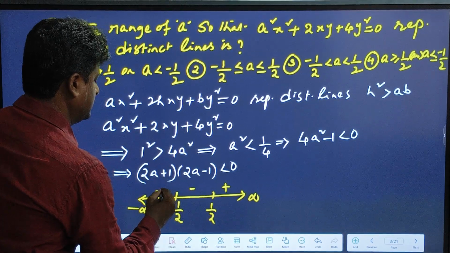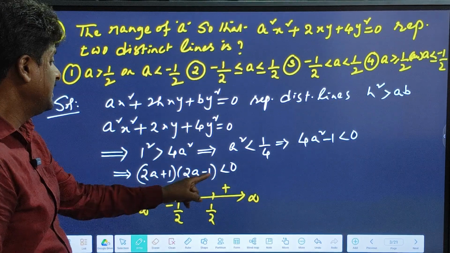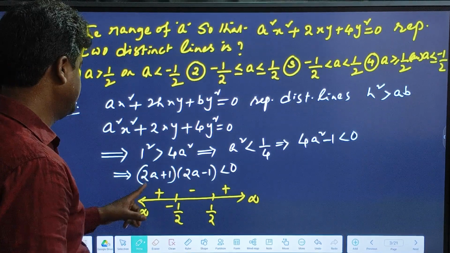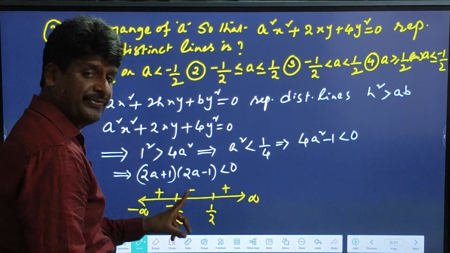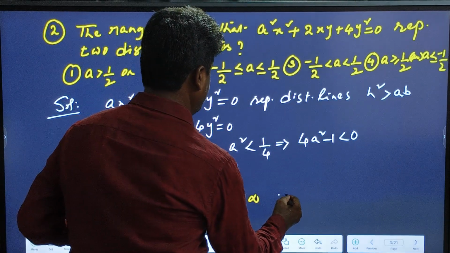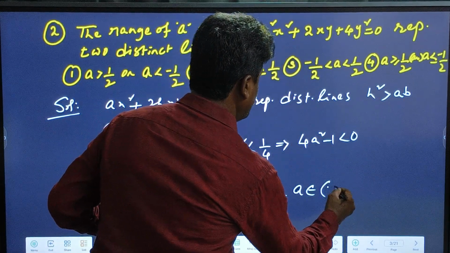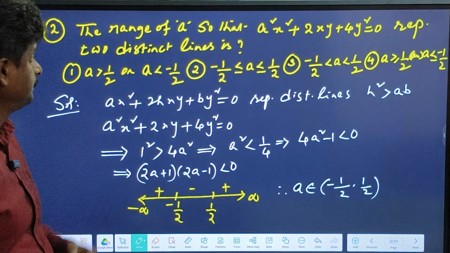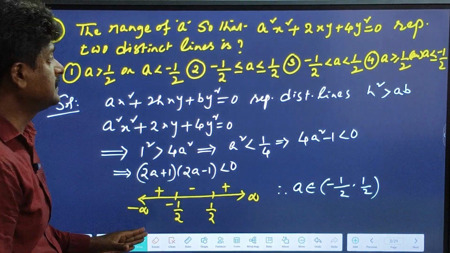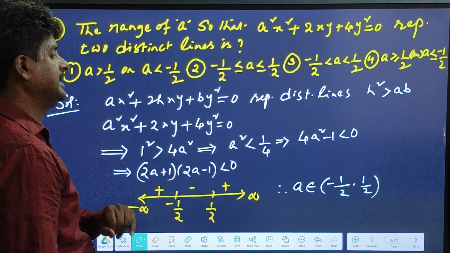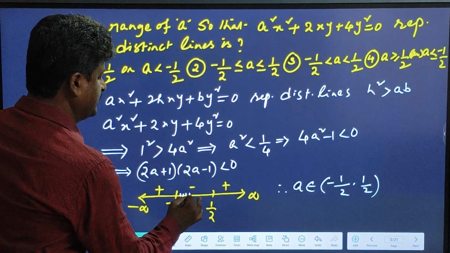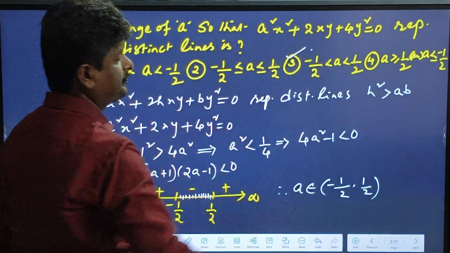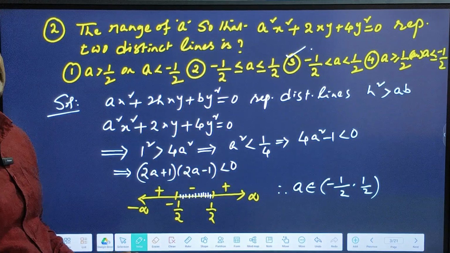Right extreme plus, minus, plus. In order to get the negative region, that is in between minus 1 by 2 and plus 1 by 2. Therefore, a belongs to the open interval minus 1 by 2 comma plus 1 by 2, that is minus 1 by 2 less than a less than 1 by 2. A should lie in this interval. That's why the third option is the right answer.